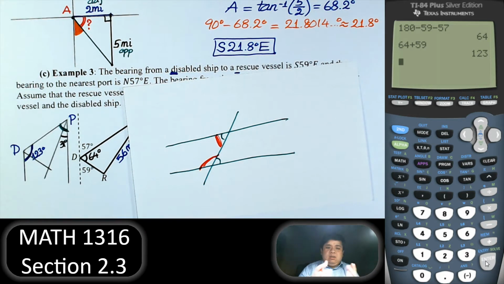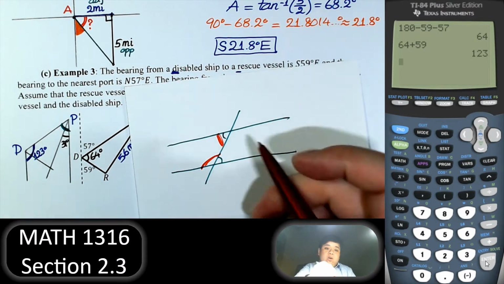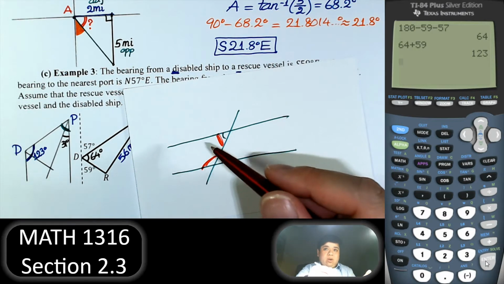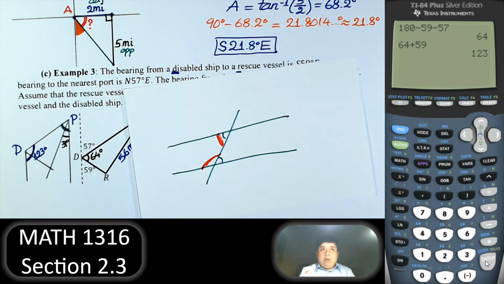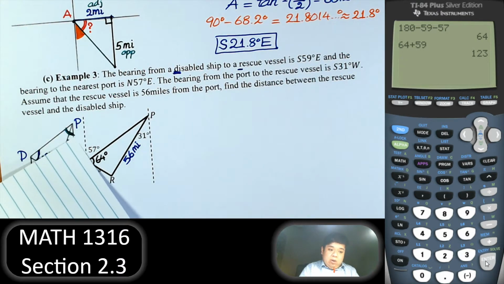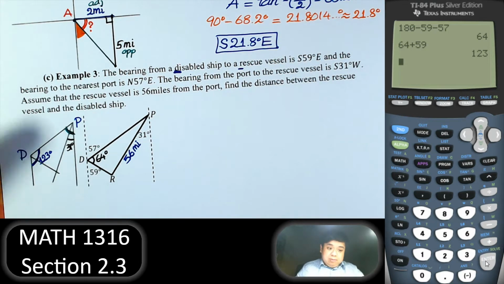So pretty much, if we have two parallel lines and a transversal, if the angles are both acute or both obtuse, they're equal. If one of them is acute and one is obtuse, they will be supplementary. So 123 and the whole angle there are supplementary.